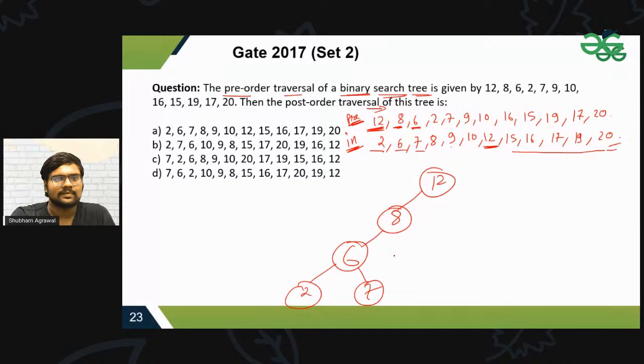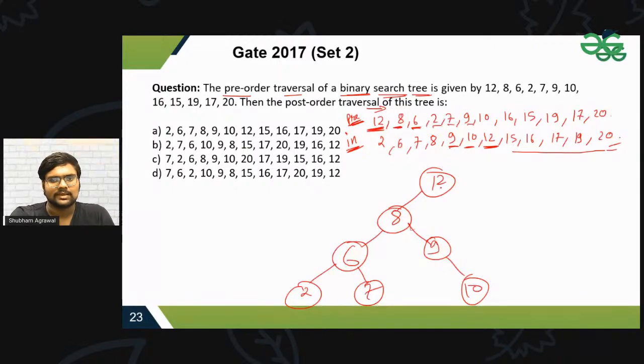Okay, now we have done up to 8. After 7 it is 9, so 9 will be present here, and in the right of 9 it will be 10, and left it will be null, because all the elements are considered already, and 10 is also done. Now let's construct the right subtree of node 12.